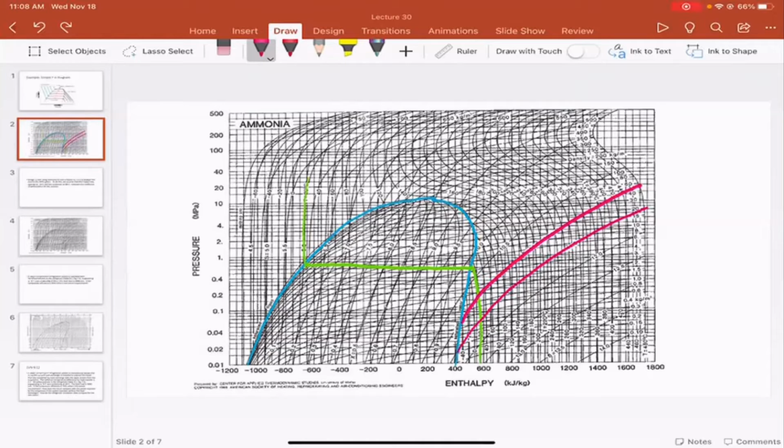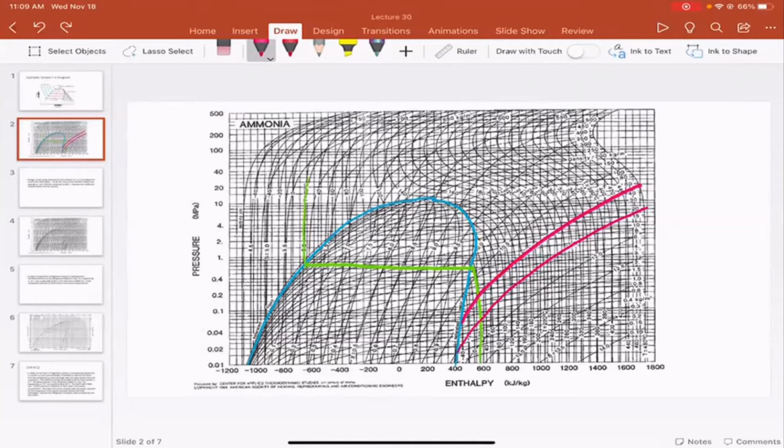And in fact, a refrigeration cycle is one of the problem types where it is most often solved on a diagram, not necessarily through tables, because we have the steam tables for steam, but we're not going to operate refrigeration cycles on water almost ever.